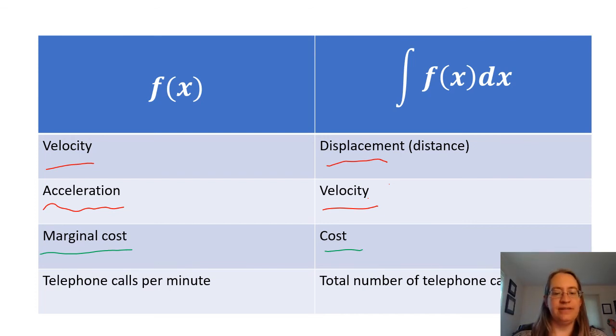Or as a really different example, but still kind of businessy, you have a function that tells you the number of telephone calls you had at each minute x throughout the day, and then you kind of added all those up, think about those rectangles again, you would end up with the total number of phone calls during all the hours that you were adding up across, like maybe the whole day.